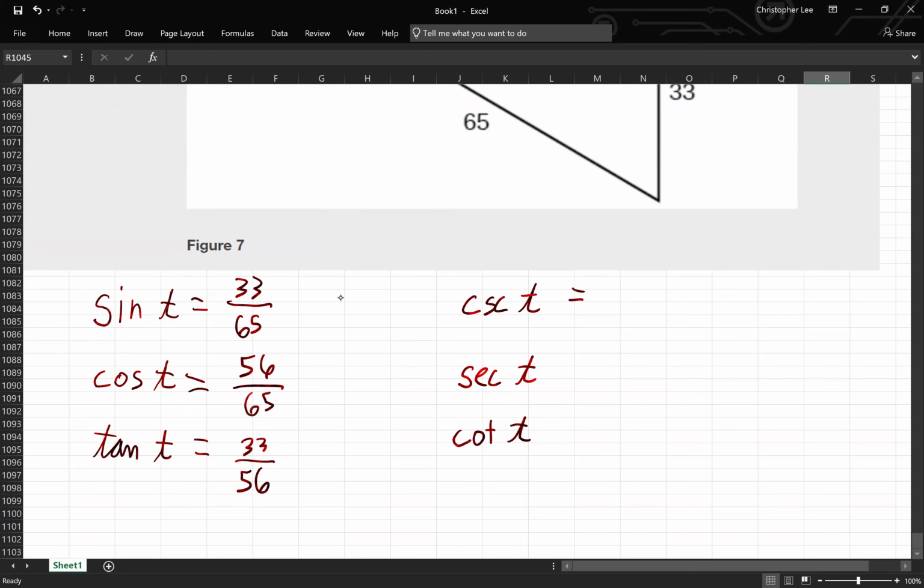Remember, cosecant, take the sine answer, flip it. This is going to be 65 over 33. Secant, take the cosine answer, flip it. This is going to be 65 over 56. Cotan, take the tan answer, flip it. This is going to be 56 over 33. That's it.